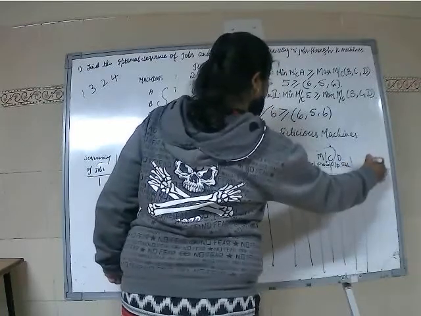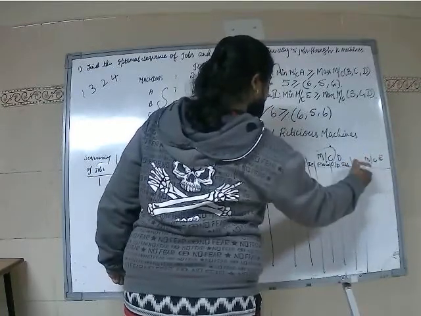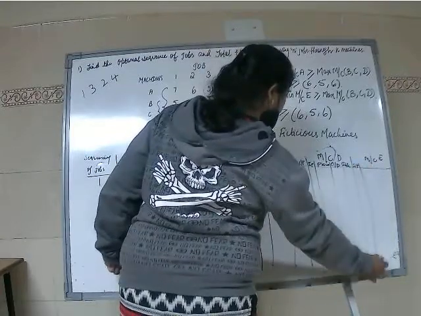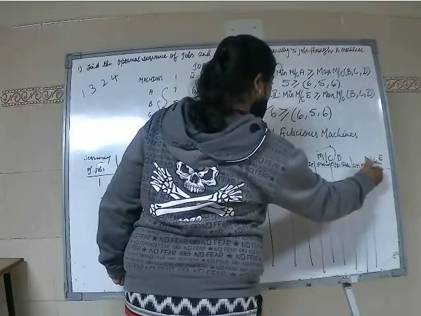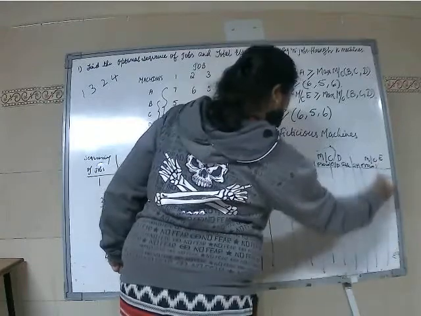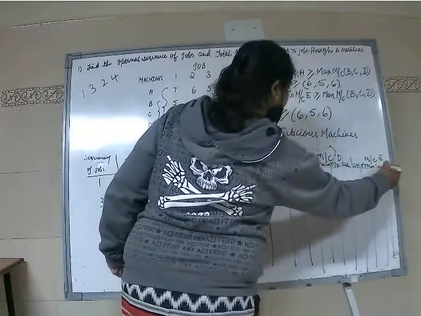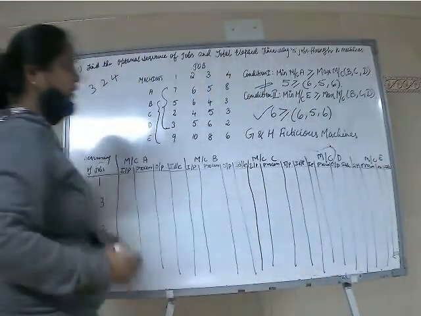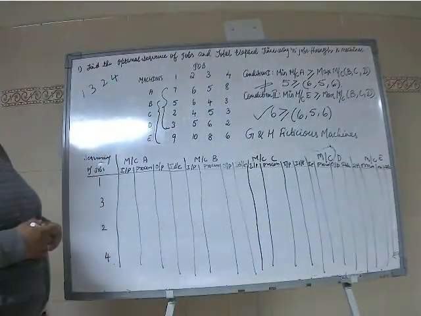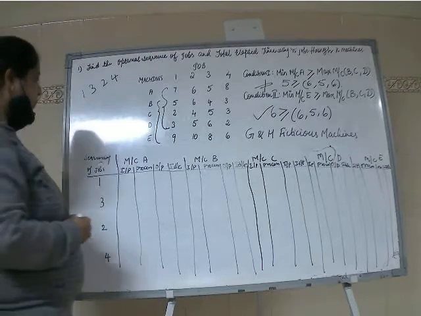Machine E: input, process, output, and last is your idle value. Okay, for all these we need to calculate them now. So let's calculate one by one.